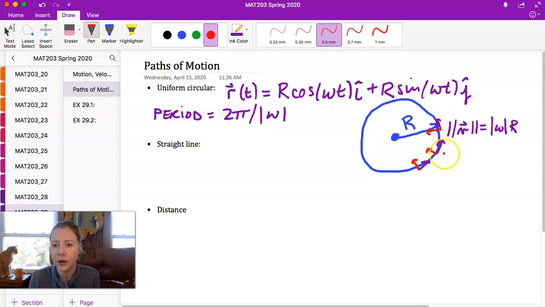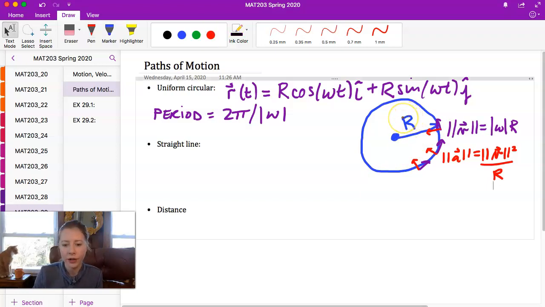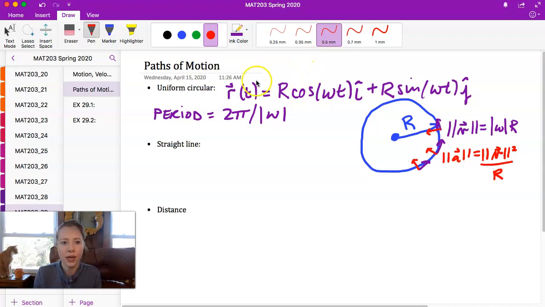And so the magnitude of acceleration is going to be equal to the magnitude of velocity squared divided by radius. That's how it's defined if we're looking at circular motion. So the period is going to be 2 pi, which is the radians in a circle, divided by the angular velocity, and that gives us the period. And so that's going to be time, right?